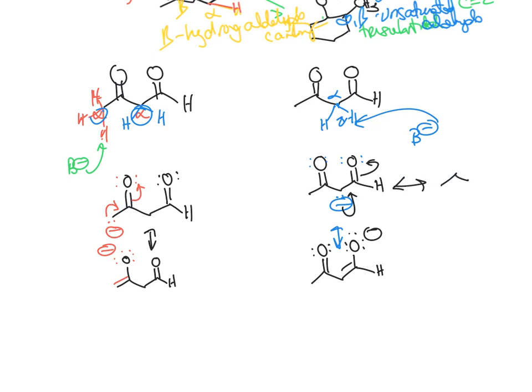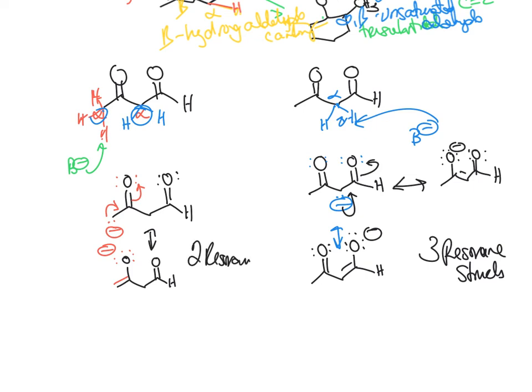And then we also have another one here where it could have gone the other way. All right, so this has 3 resonance structures. This has 2 resonance structures.